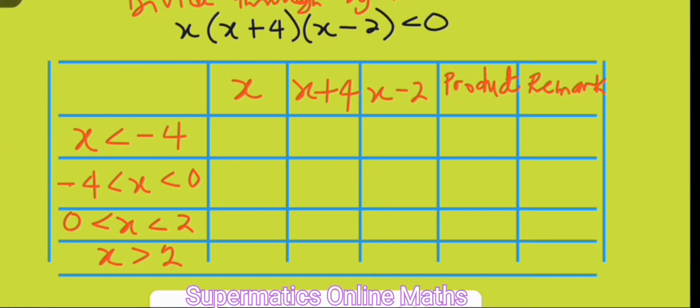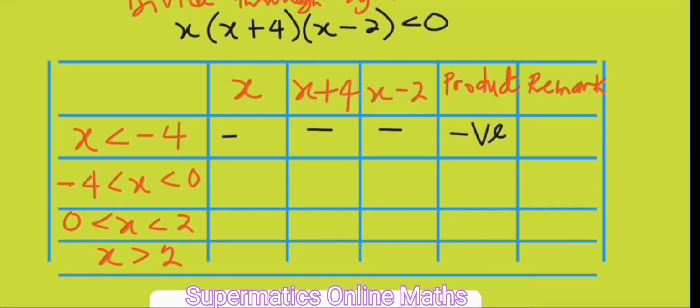Then we find the corresponding values of x plus 4 and x minus 2, whether they be positive or negative, and equally their product. So when x is less than minus 4, the value of x is negative. The value of x plus 4 is negative, and x minus 2 is equally negative, meaning that the product will also be negative.